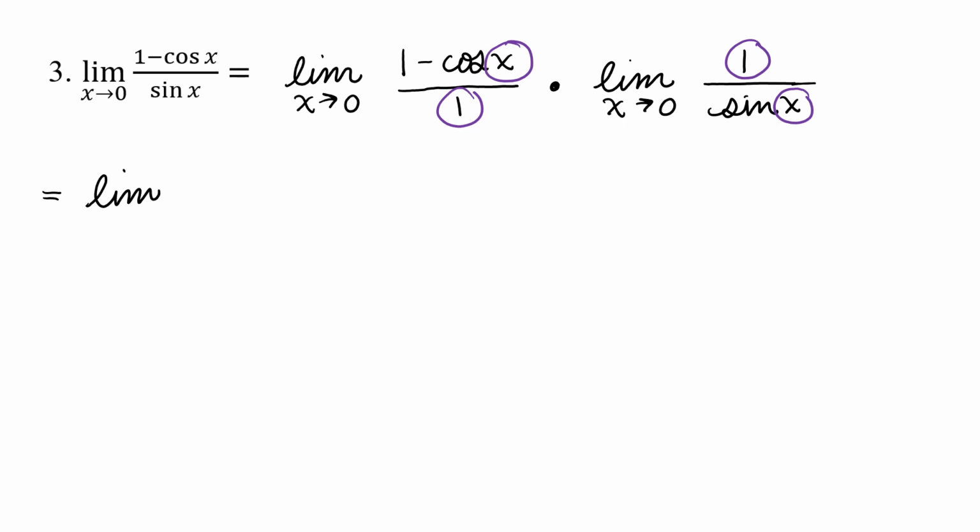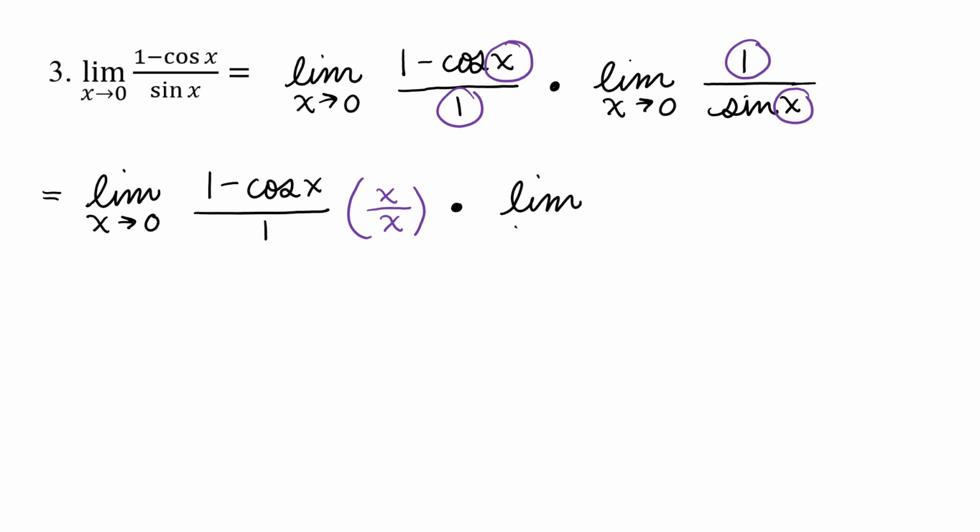So this will be equal to the limit as x approaches 0 of 1 minus cosine of x over 1, and then we have to multiply this by x over x times the limit as x approaches 0 of 1 over sine of x, which also needs to be multiplied by x over x.